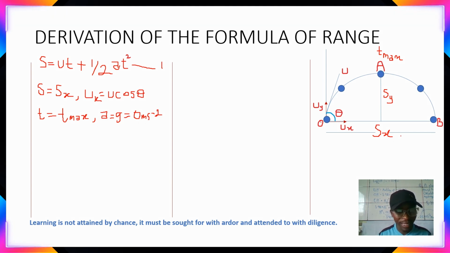If we do that, equation 1 will turn to Sx, because we have already established that our s is equal to Sx. So this s in equation 1 will now be equal to Sx. Then also our initial speed of throw, which is ux, we have also established that ux equals u cos theta.